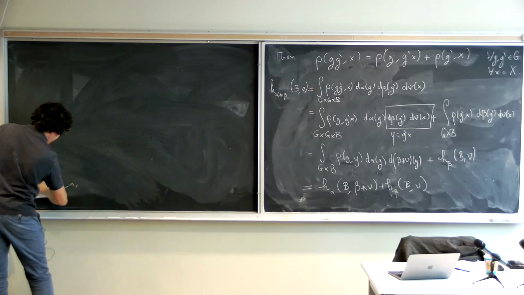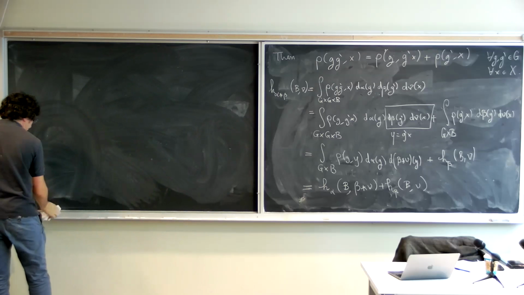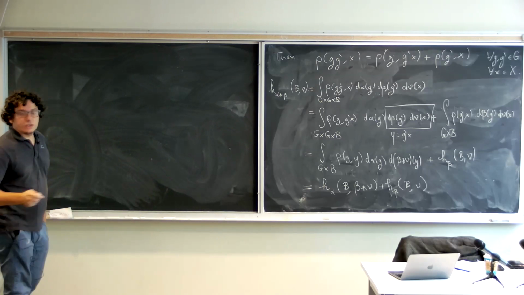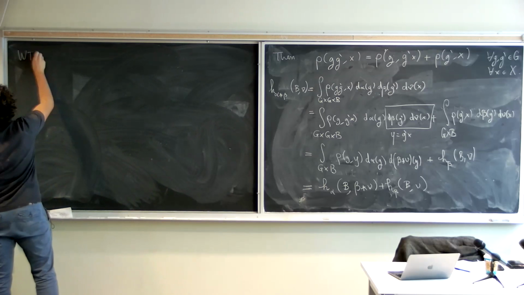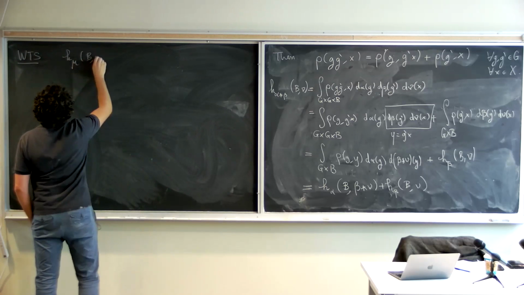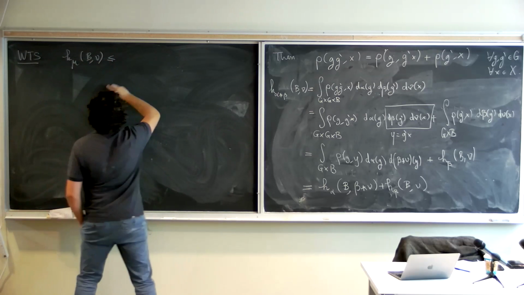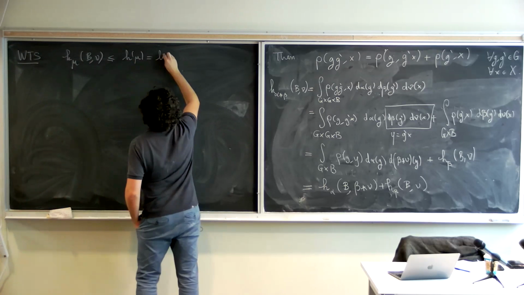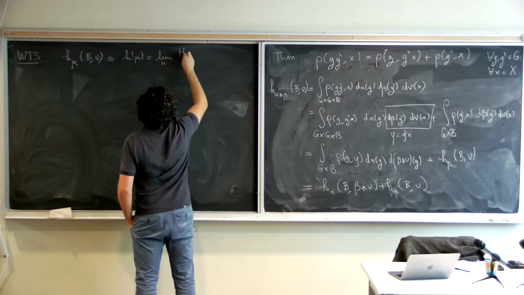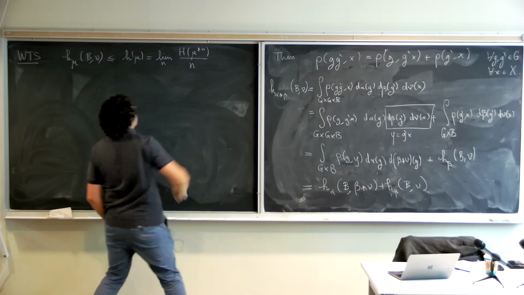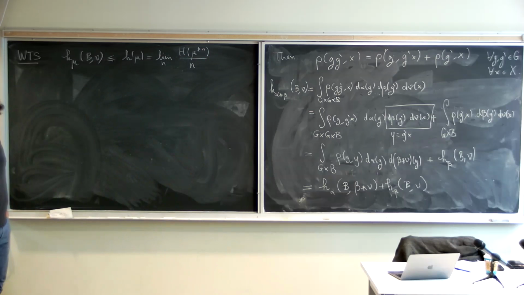Okay, and then from there, recall, what do we need to show? We want to show that H mu of B mu was less than H mu, which is, again, the limit of H of mu star n for convolution.